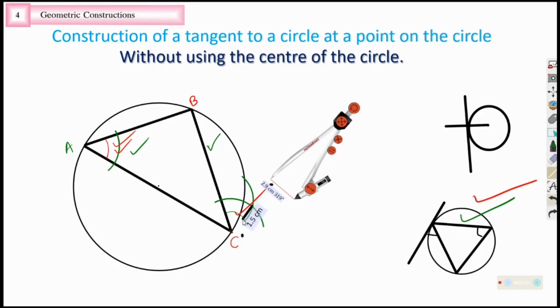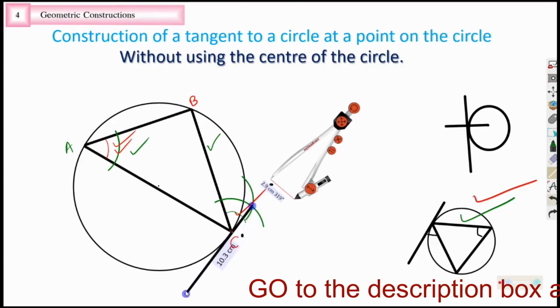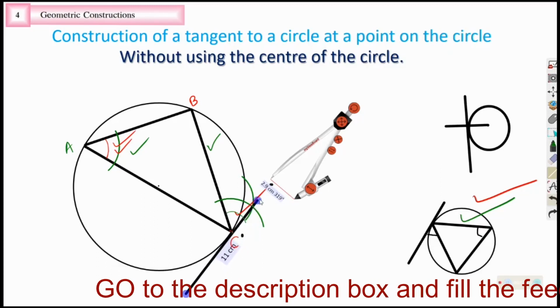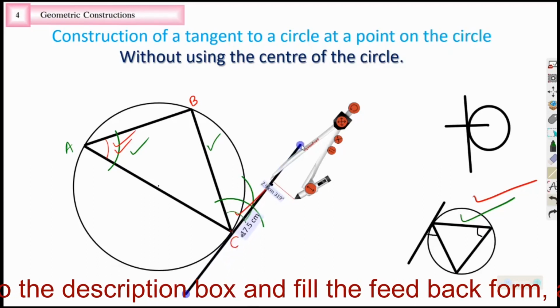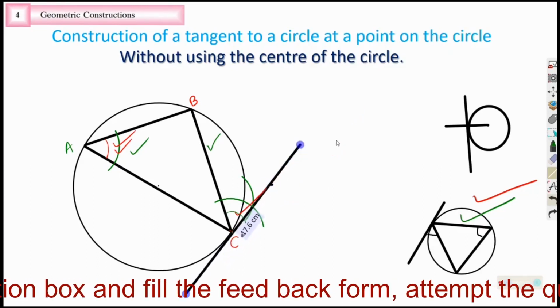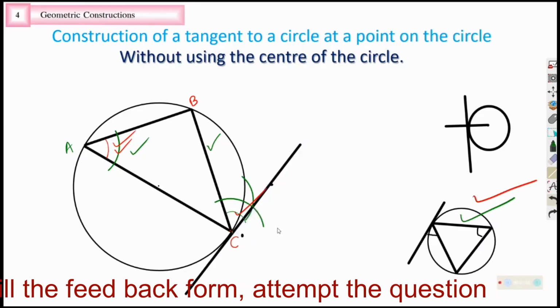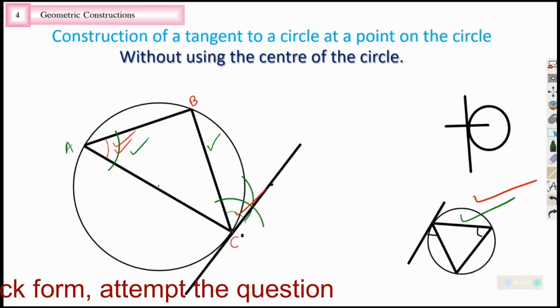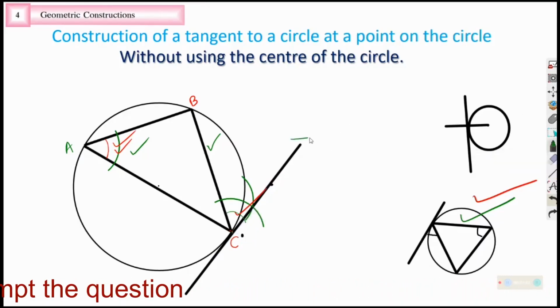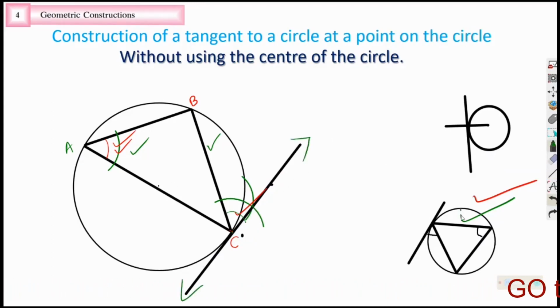So let me start from here for convenience. Passing through this point, this line passed through. I can extend it here. The problem is solved. Here is a tangent at C, and I drew it using this principle.